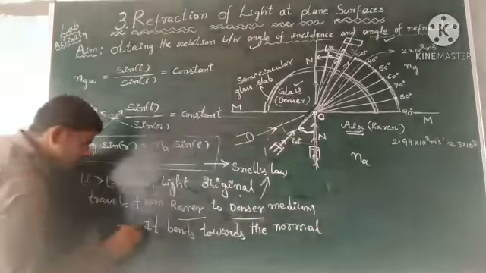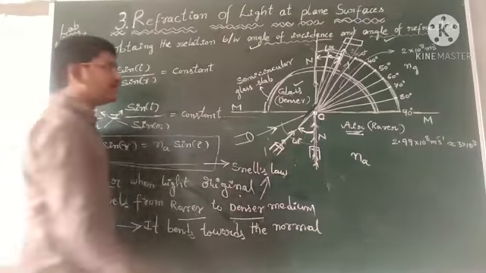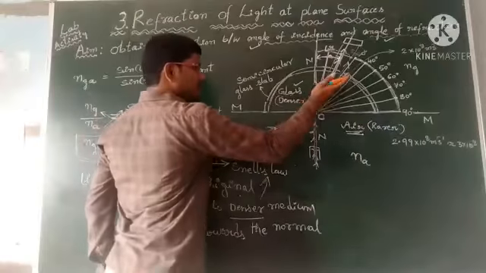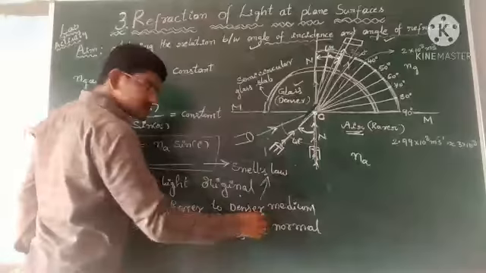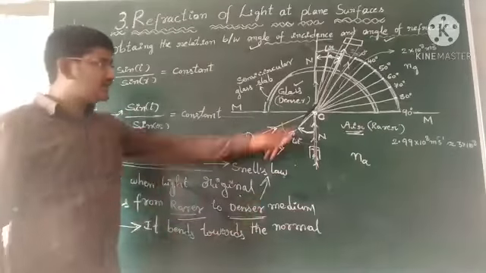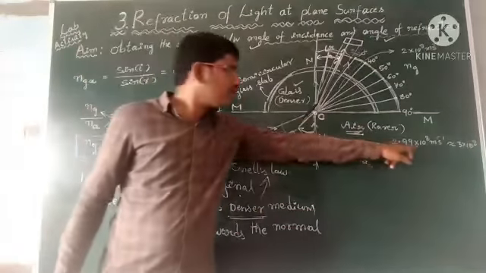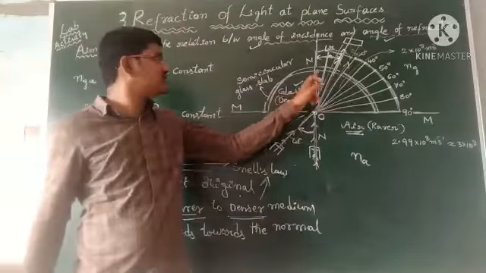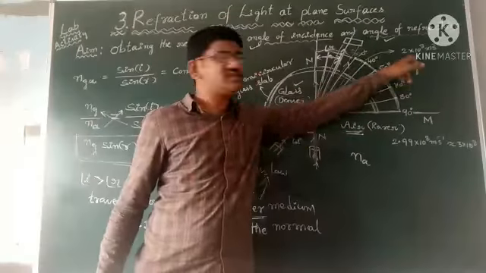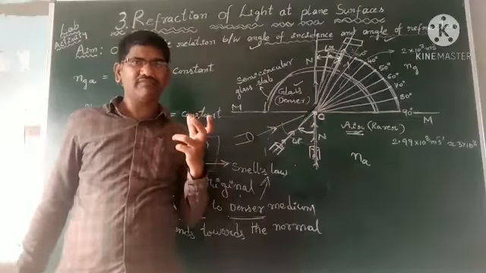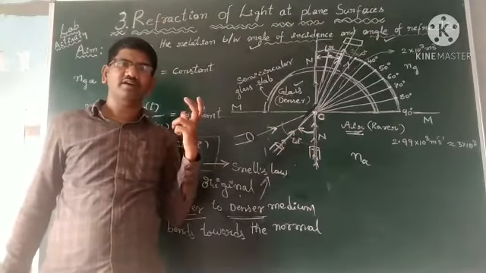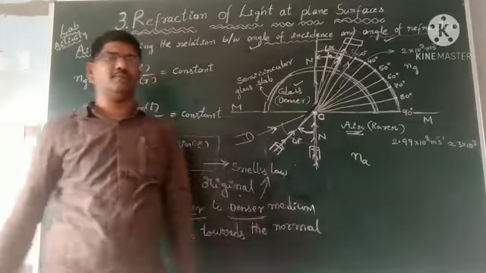It bends towards the normal at the point of intersection. So a light ray going from a rarer medium to a denser medium, at the point of intersection, due to changing speeds, this bending effect takes place. That bending effect we have named refraction.